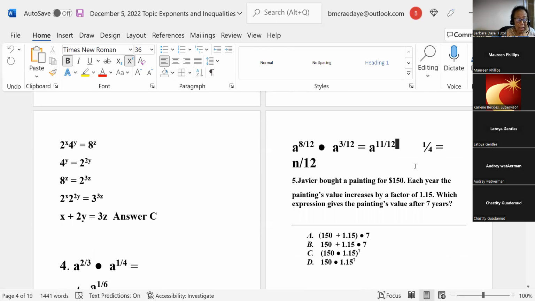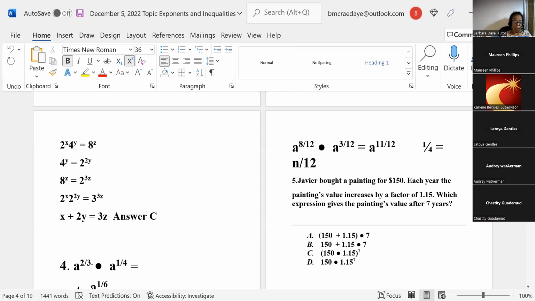Because remember, you can't add these fractions with different denominators, right? You can multiply them, but you can't add them. But the rule for exponents is, for multiplication, you add the powers, and here the powers are fractions. You add the 2/3 and the 1/4, but you can't add them as they are because the denominators are different.